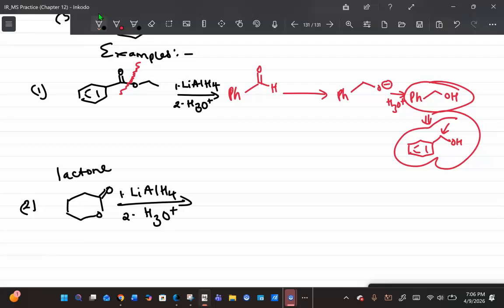A cyclic ester is called a lactone. Oh, by the way, here you have another product. You have two products. So will this have a ring opening?